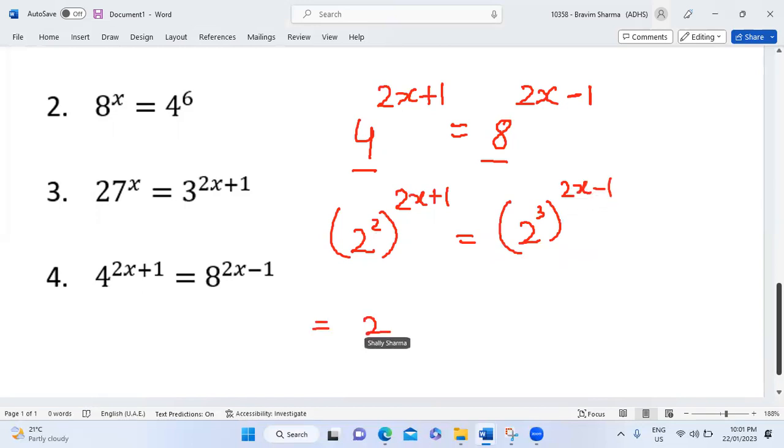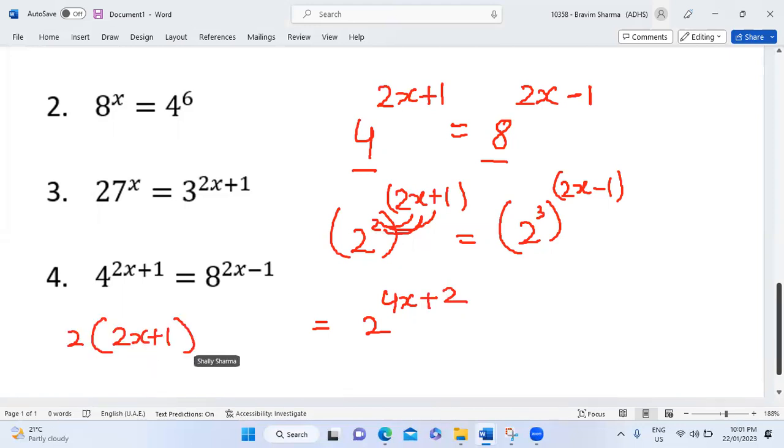So here if I multiply the brackets, because it is more than one term, you can consider it this way. So 2 will be multiplied by 2x, which is 4x, and then 2 will be multiplied by 1. So 2. Consider it this way. Okay. And on the other side, right side, it is 2 raised to the power of 3 times 2x, which is 6x, and 3 times minus 1, which is negative 3.